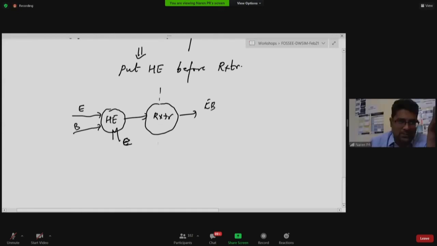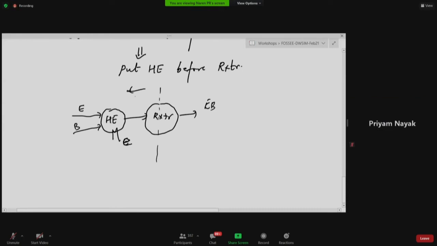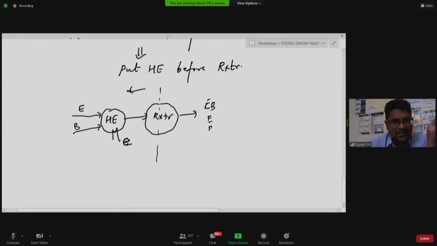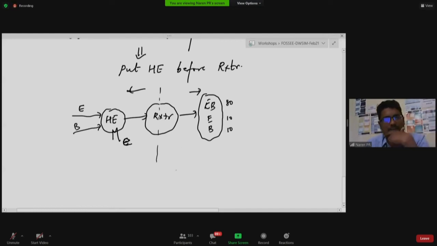So I talked about the part before the reactor. Now I will go to the part after the reactor. You got all these three, right? After that, this is only 80%, and I'm just putting some numbers, let's say equal numbers, 10%, 10%.